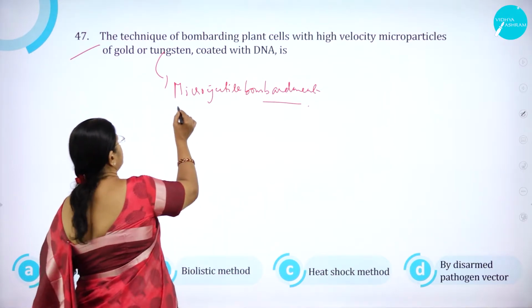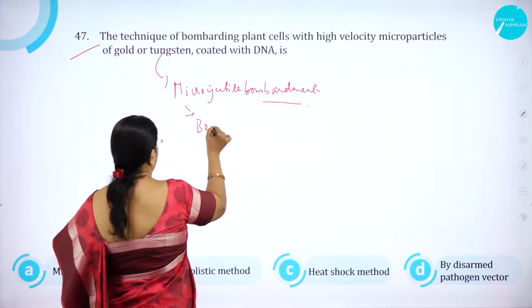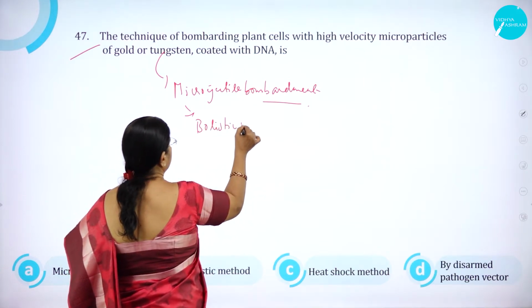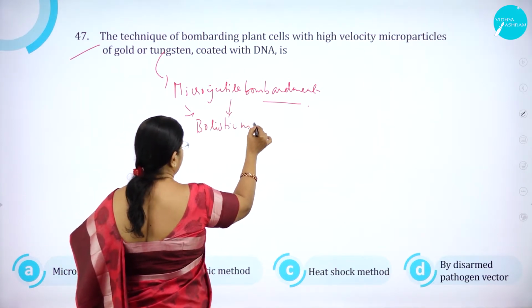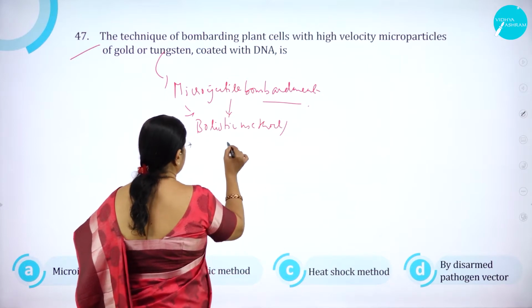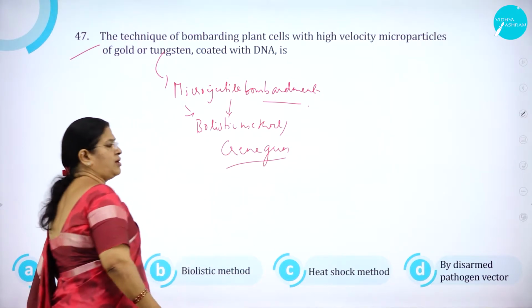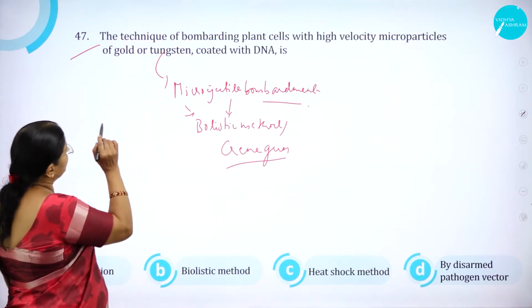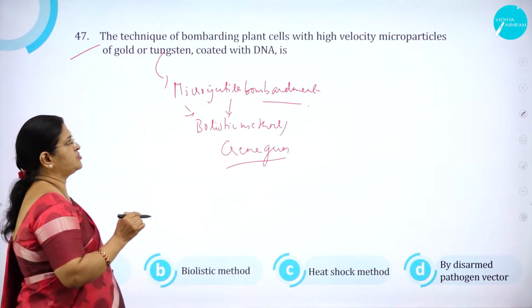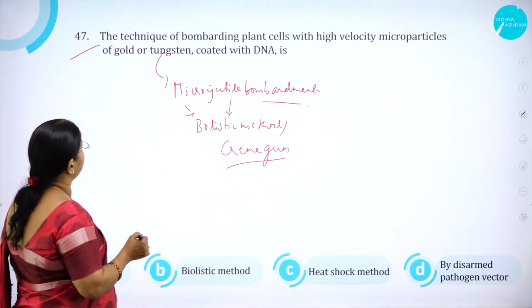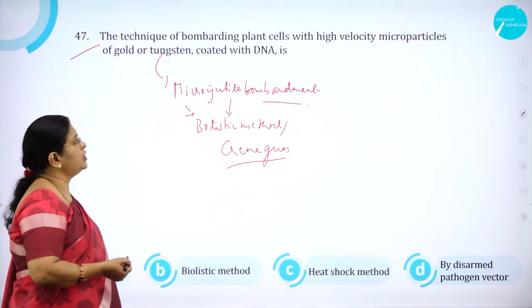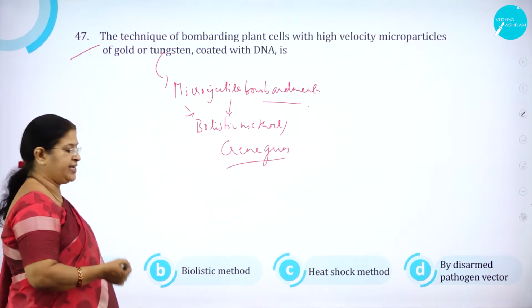It is through the ballistic method, which is also called gene gun. So the technique of bombarding plant cells with high velocity microparticles of gold or tungsten coated with DNA is.